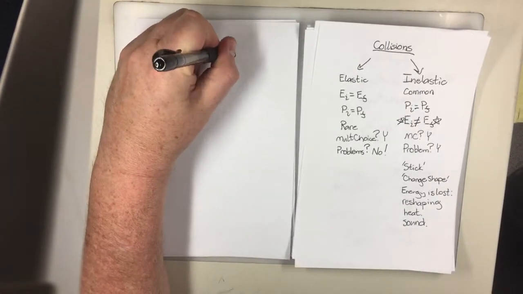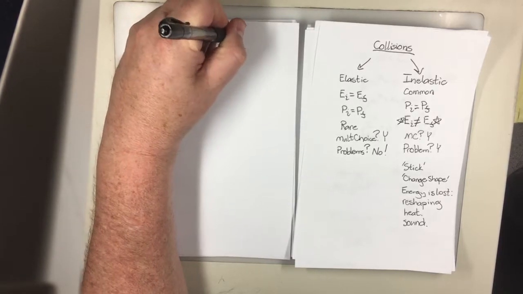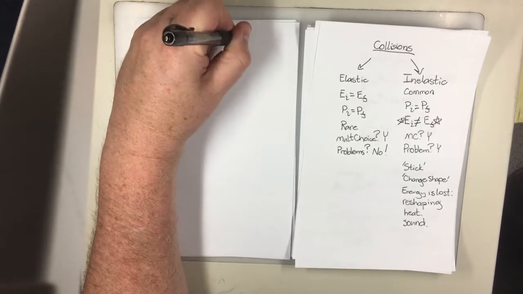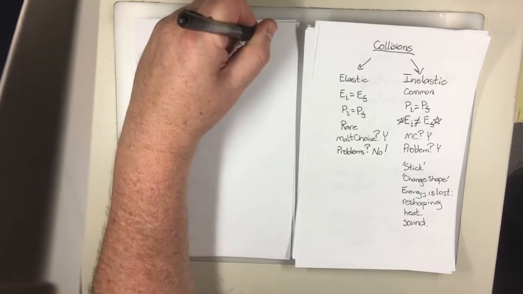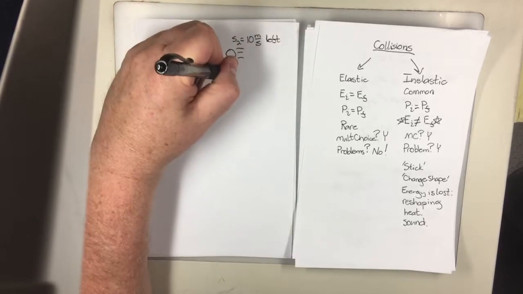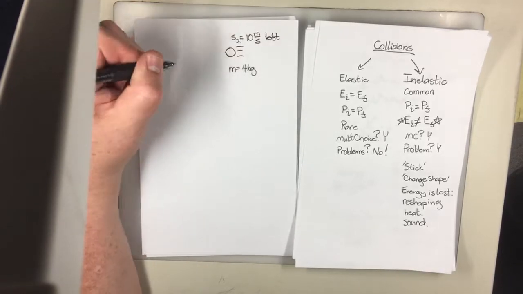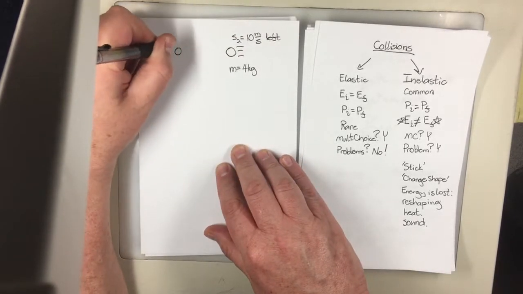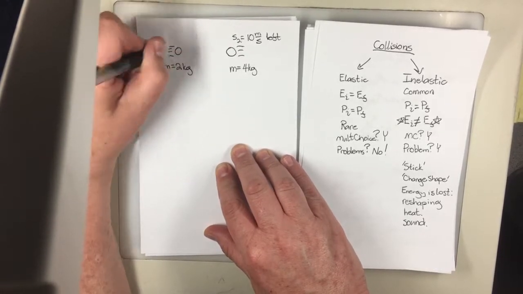You have an object moving to the left and its speed, I'm drawing it this way, its speed is 10 meters per second to the left. And its mass is 4 kilograms. There's another smaller object, its mass is 2 kilograms.